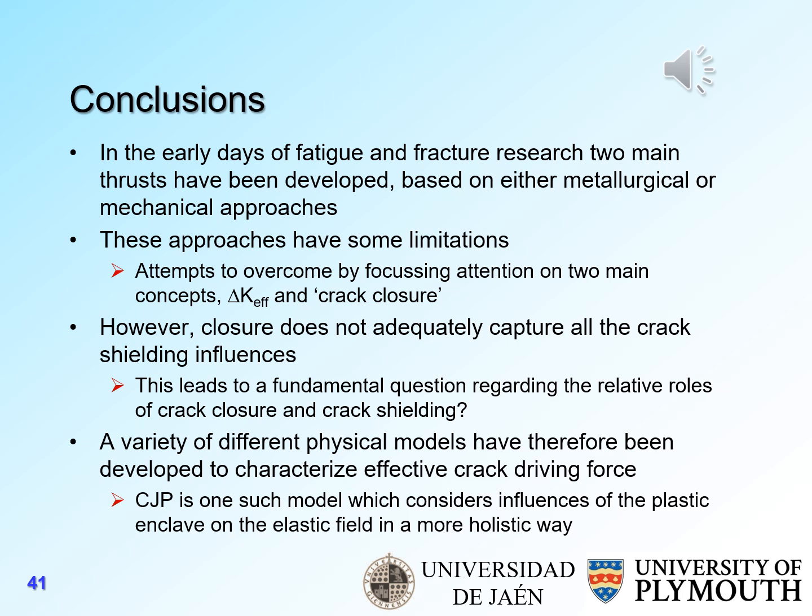A variety of different physical models have therefore been developed to characterize effective driving force. The CJP model is one such model, which considers the influences of the plastic enclave on the elastic field in what we believe is a more holistic way. The model by Pommier and Hamin is another model.